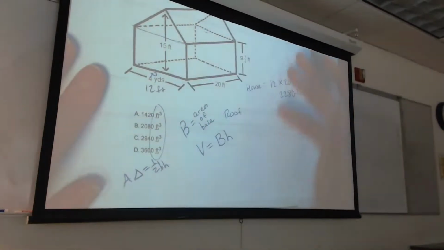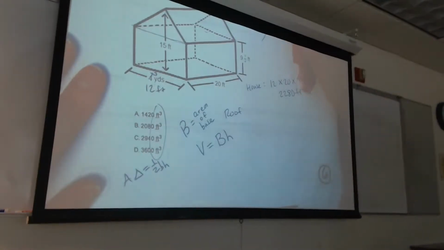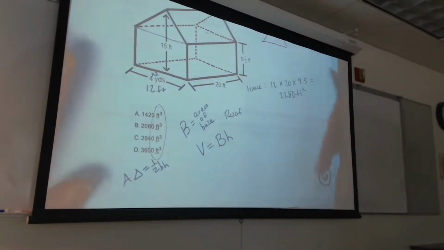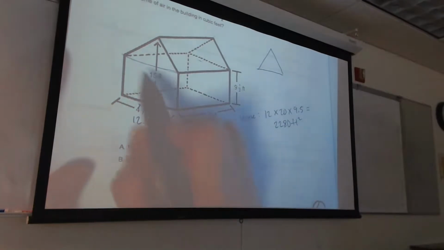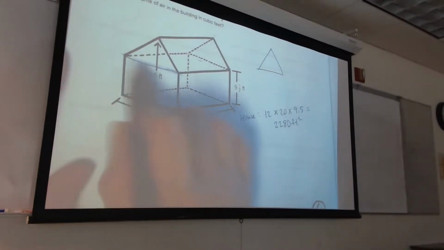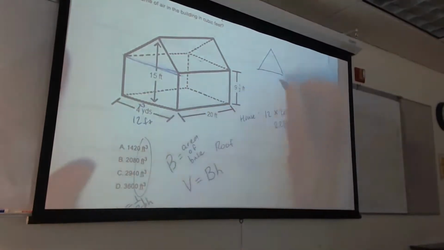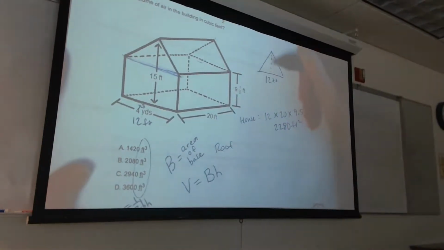So what is this triangle? Let's just draw our facing forward. We've got a triangle. How long is the base of, how long is this? 12 feet. How tall is this?